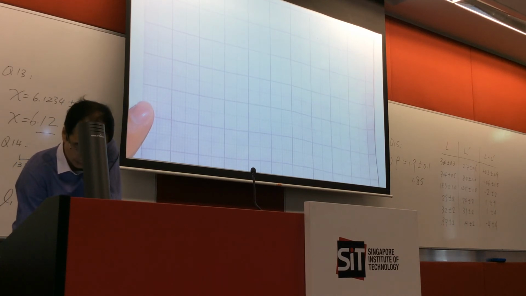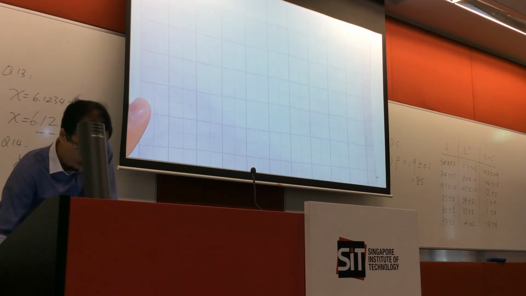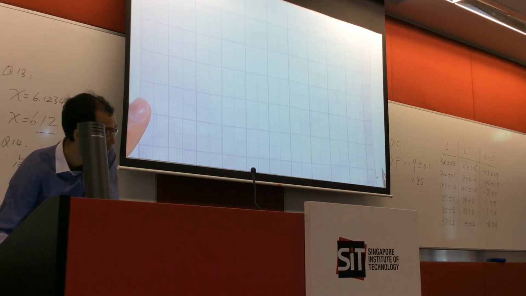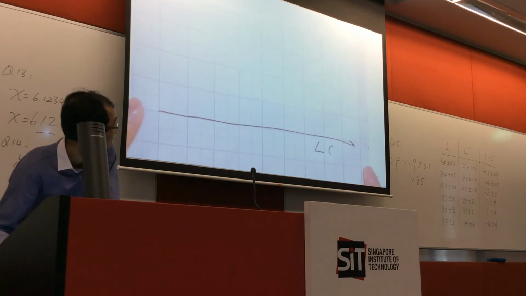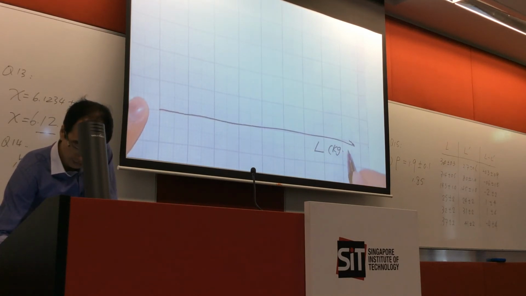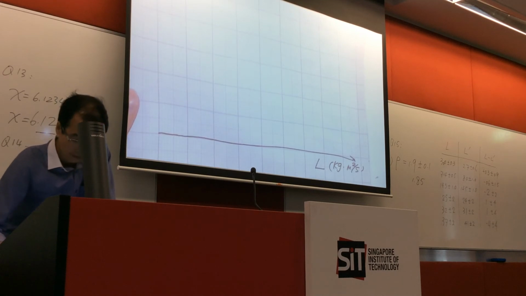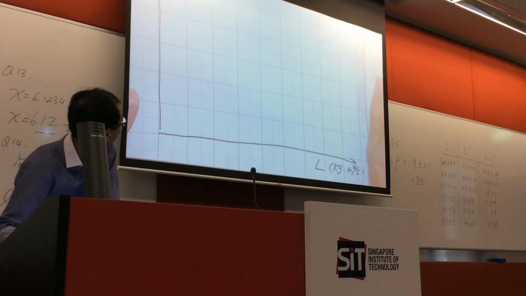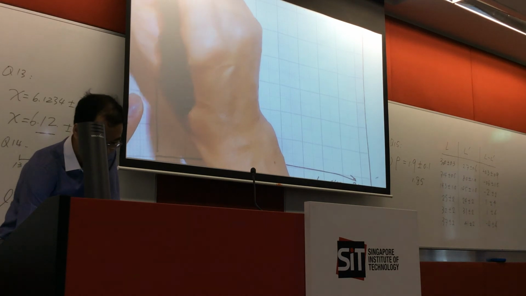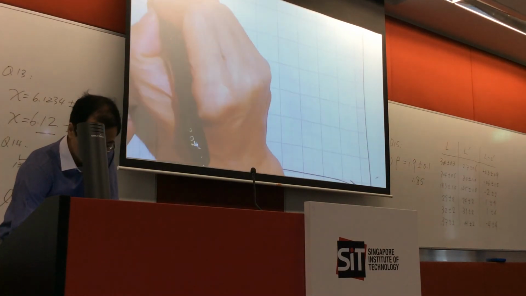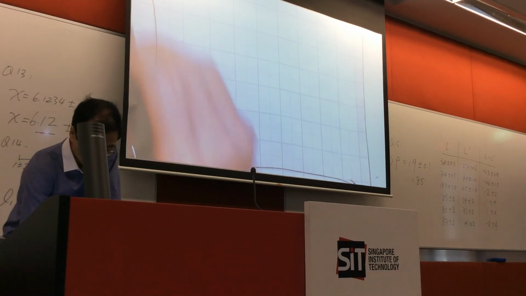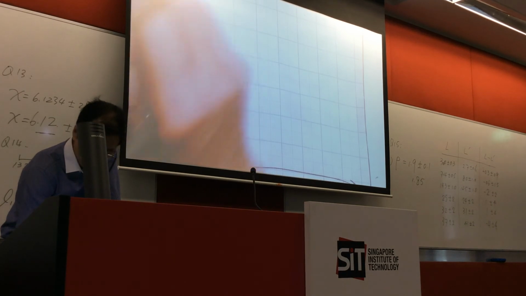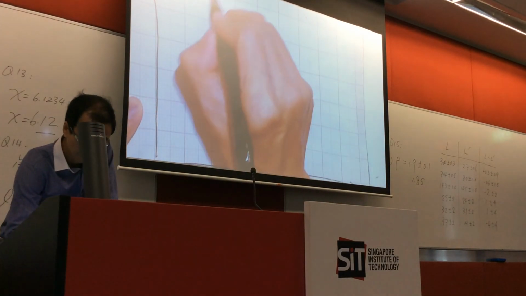In my case here, my x-axis will be your initial angular momentum, which is L, and for L you need to put the unit on it, kg. And the y-axis will be your L prime, again with the unit of kg.